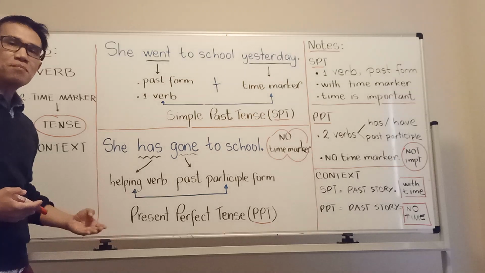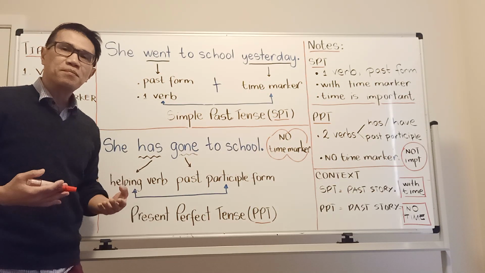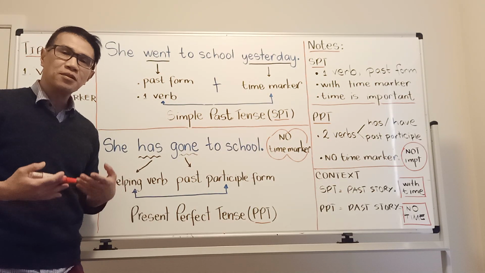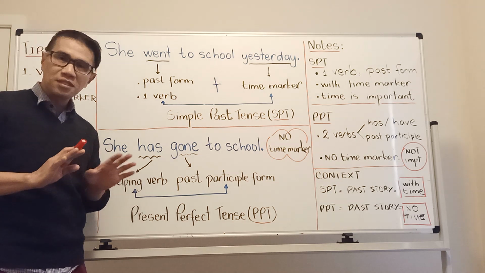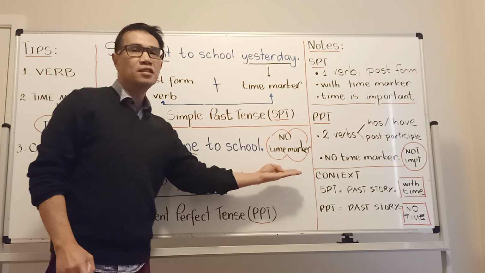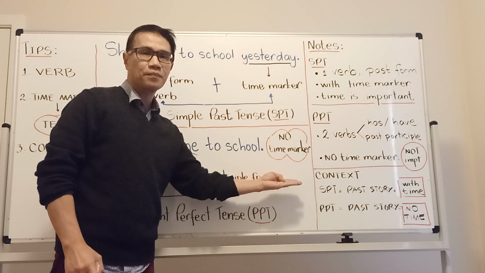So what is present perfect tense? Present perfect tense talks about a story that is finished in the past, but there is no time marker because you don't tell the time.